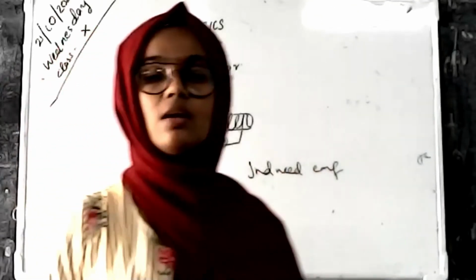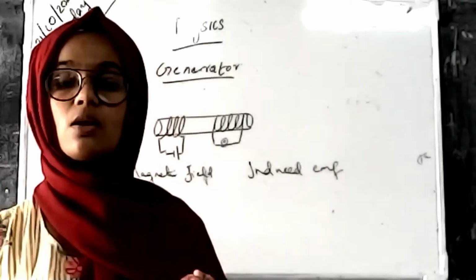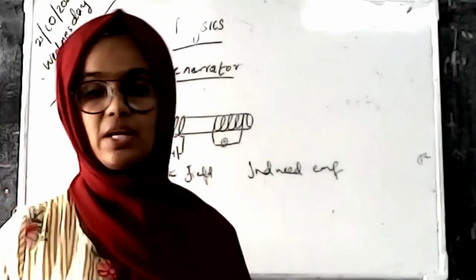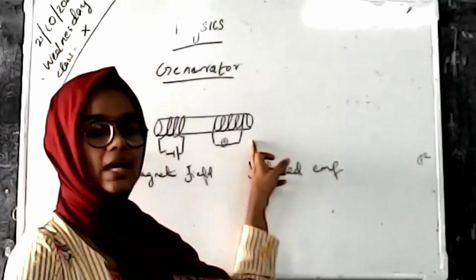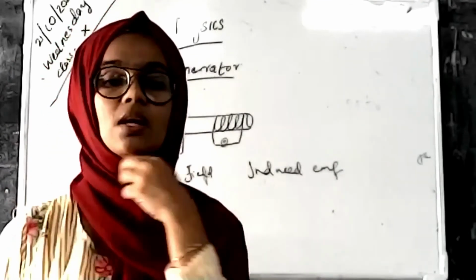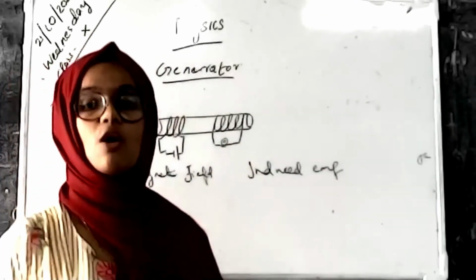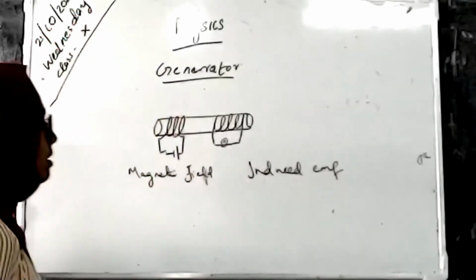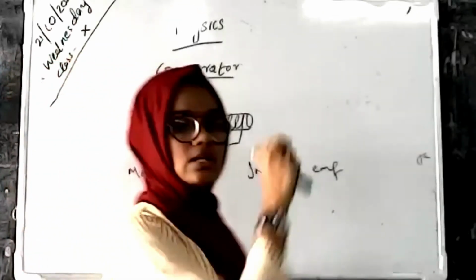When we give electricity to the first coil, there is a wire wound on soft iron, and that iron makes a magnetic field, and that magnetic field helps to generate an EMF in the second coil or secondary coil, and that induced EMF makes the bulb light. So the primary coil makes an induction in the secondary coil, and that secondary coil induction gives the electrical energy here, or induces the EMF here.